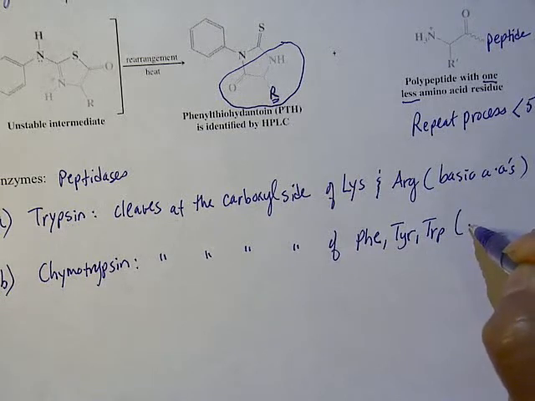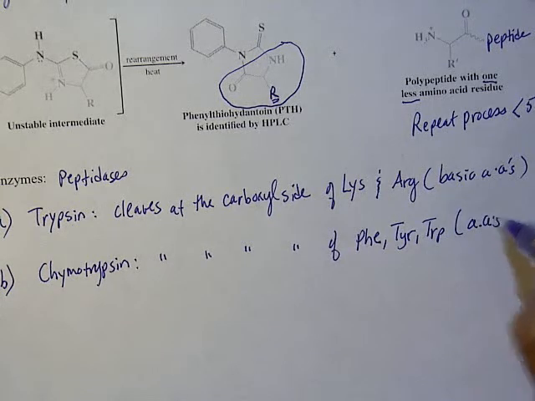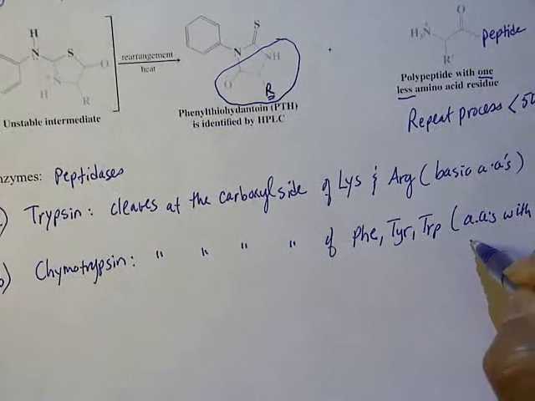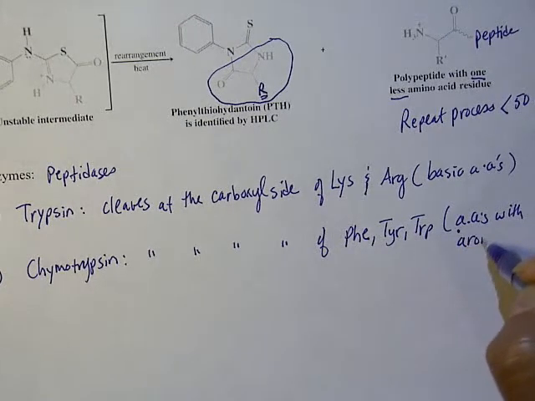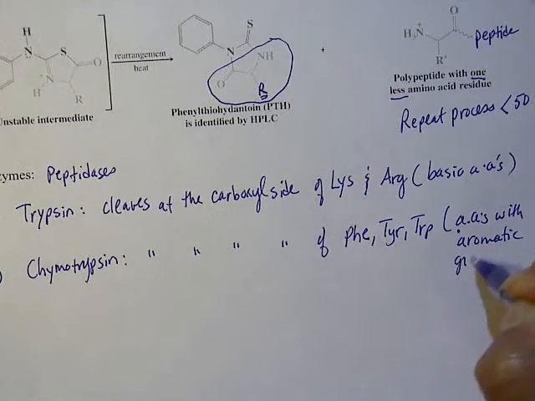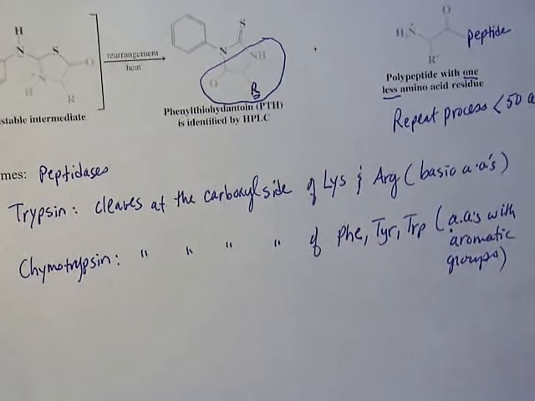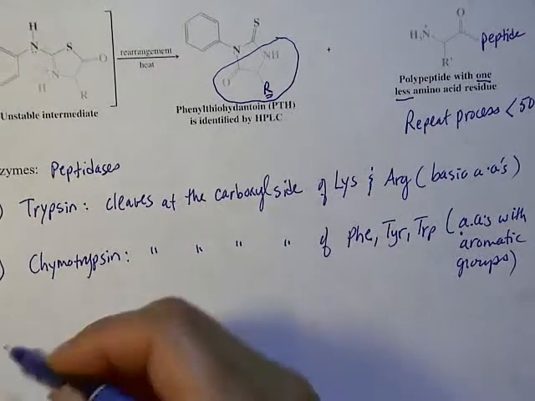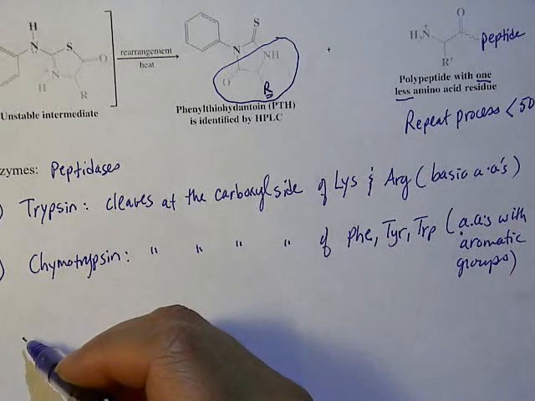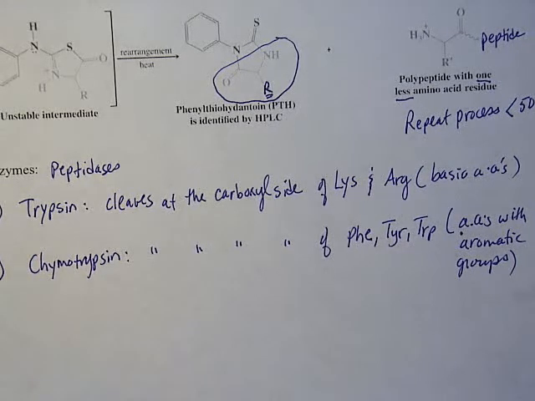These are the amino acids with an aromatic benzene ring in the side chain. So you have to keep in mind where each cleaves and how specific they are, and using this, you can determine the sequence of a peptide.